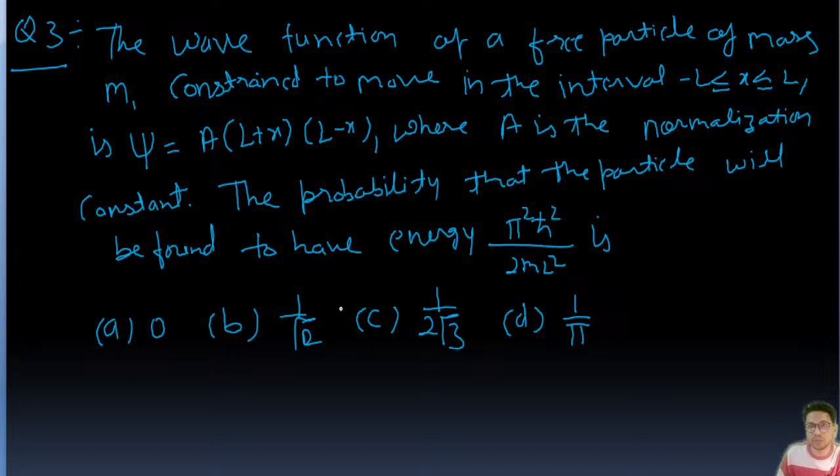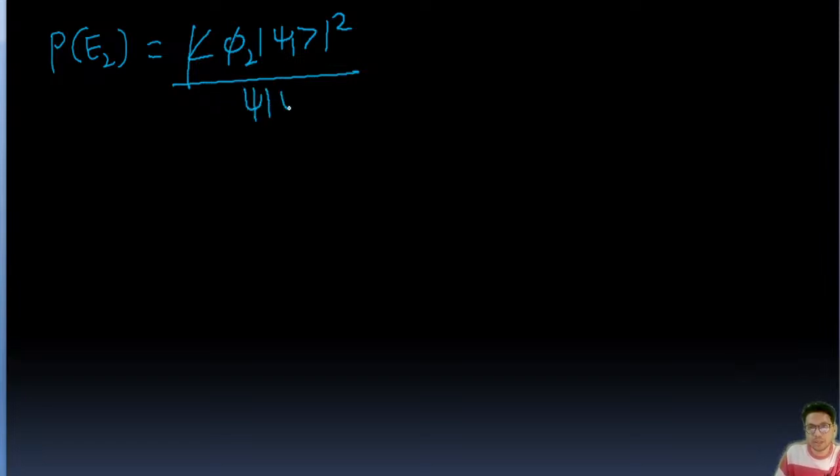Okay, for this we need to find out the probability. P is equal to, we know, if it is not normalized, |⟨φ2|ψ⟩|² upon ⟨ψ|ψ⟩.